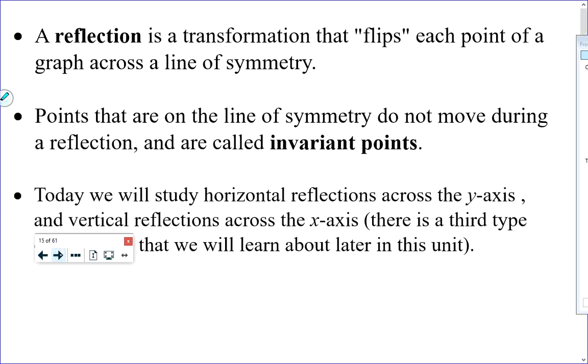So today we're going to be looking at horizontal reflections across the y-axis. So here's the first thing that we got to really think about. When you see the phrase y-axis, you think vertical, because it's a vertical axis. It is a vertical axis.